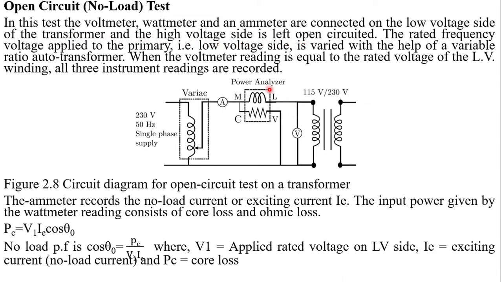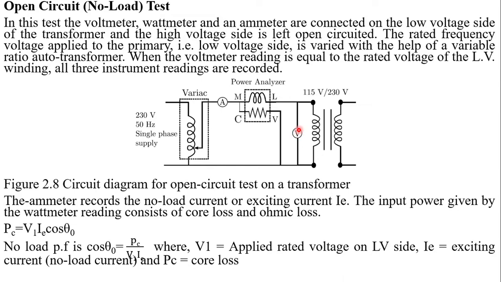Here is a variac or auto transformer with a 230 volt 50 Hz single phase supply, and this is the ammeter, which is connected in series because current in series is equal, while here is a wattmeter used to measure the power loss, which is the core loss, and here is a voltmeter, which is connected in parallel because voltage in parallel is equal.